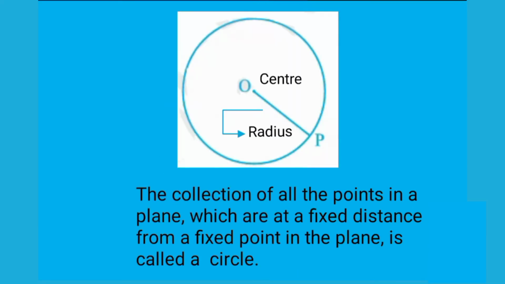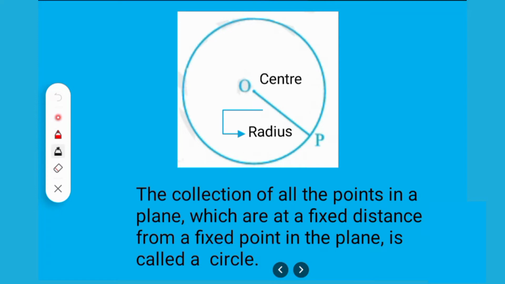This point is called the center, and that line which is fixed at a point and rotates at a fixed distance is called the radius. It means the collection of all the points in a plane which are at a fixed distance from a fixed point in the plane is called a circle.